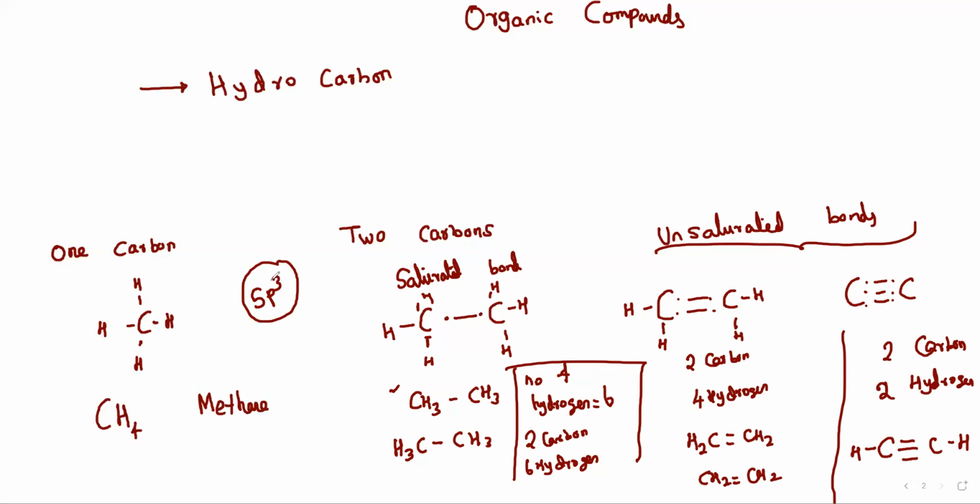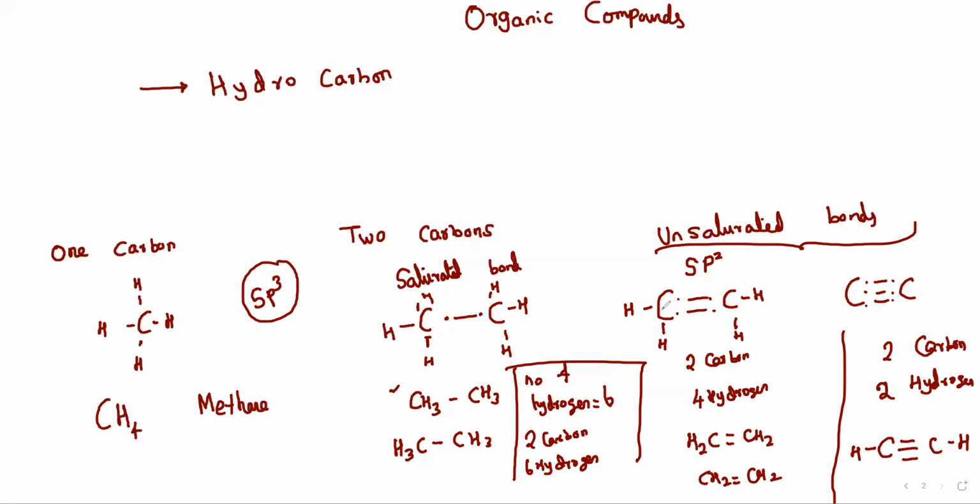Do you remember? 1 s orbital and 3 p orbitals are clubbed together. But when it comes to unsaturated bonds, one s orbital and two p orbitals only are joining. sp2 hybridization here, because two carbons are sharing two electrons.